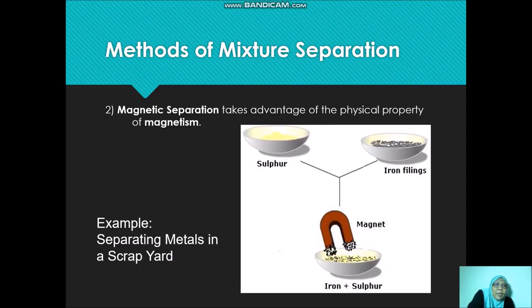Just put the magnet near the mixture, and the iron will be attracted to the magnet. In this case, you have separated iron from the mixture. In daily life, people use it to separate metals in the scrap yard.